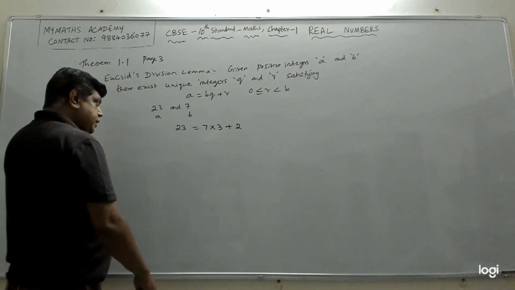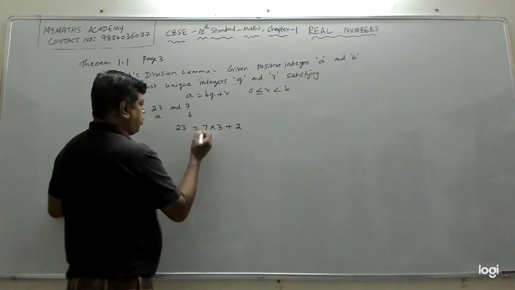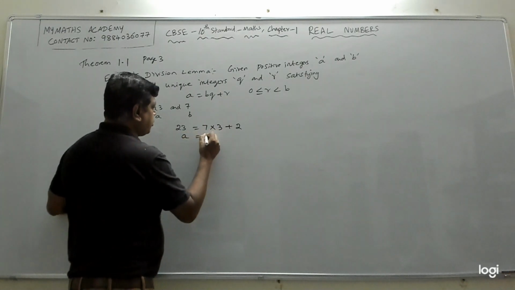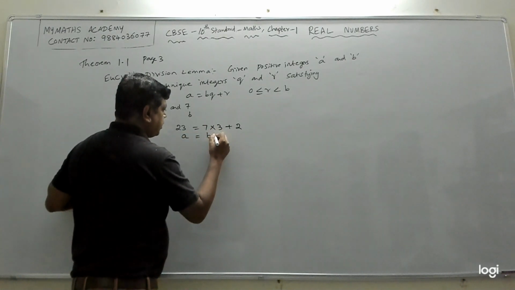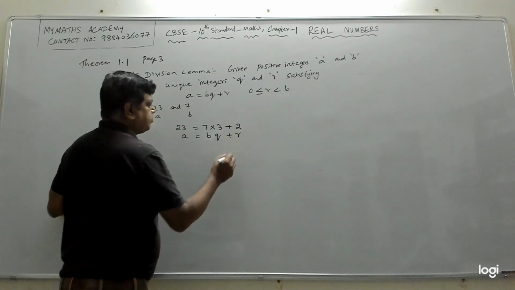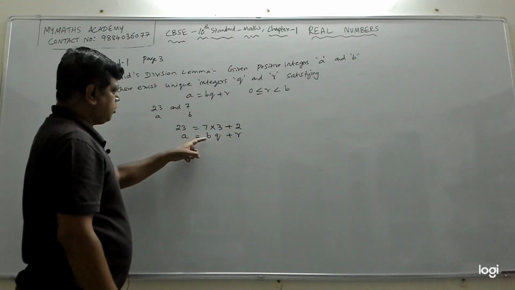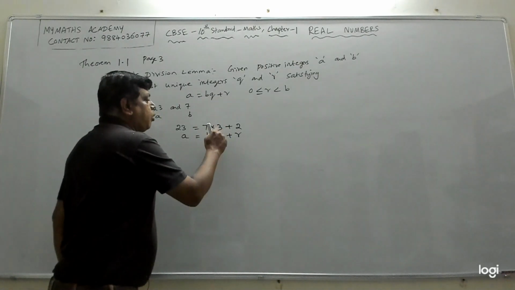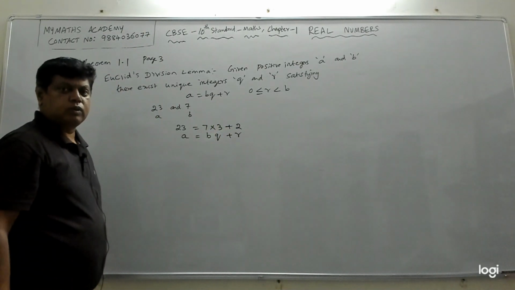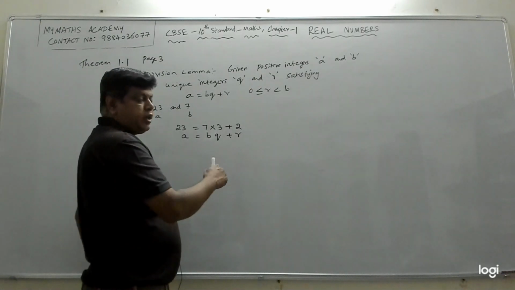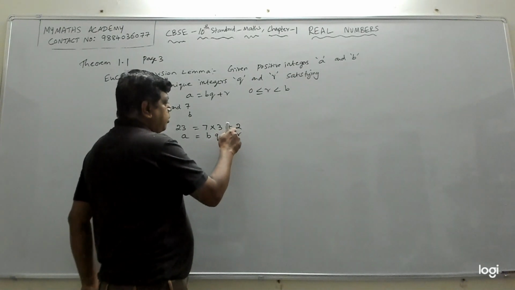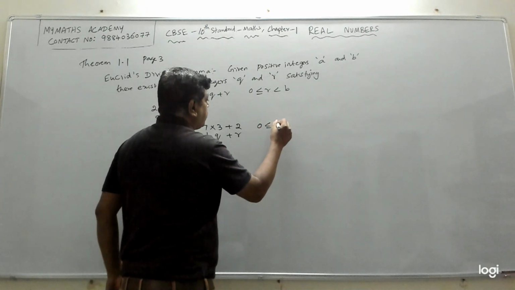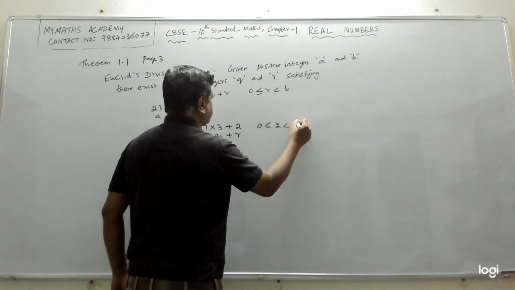So this is a equal to bq plus r. The a is 23, your b is 7, your q is 3, and your r is 2. But how did I find 3 and 2? Also, the 2 that you are writing should satisfy 0 less than or equal to 2 less than b, and b is 7.